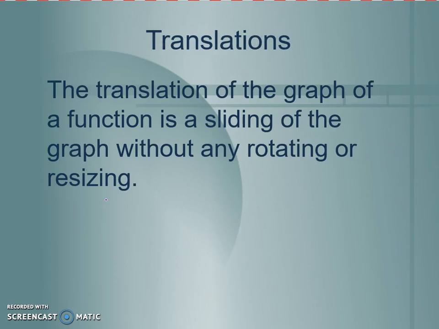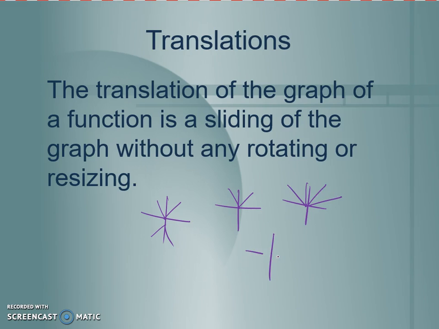So translation of the graph of a function is a sliding of the graph without any rotation or resizing. That means if we start out with this, it's not going to flip upside down. And if we start out with this, it's not going to become either narrower or wider.